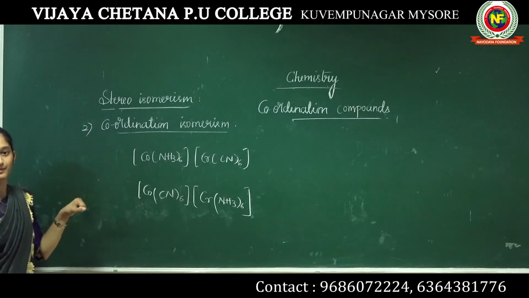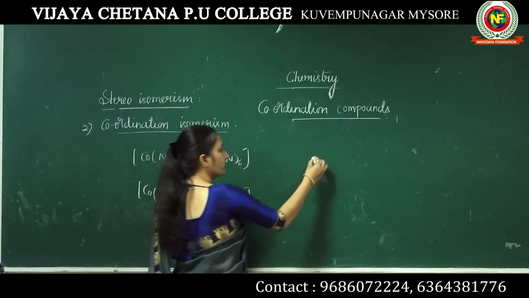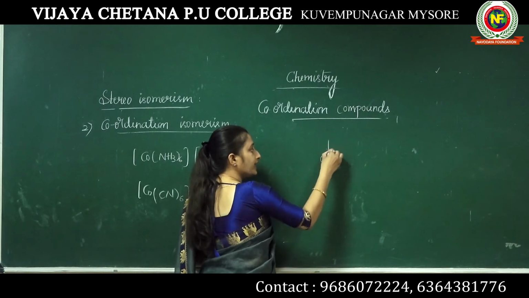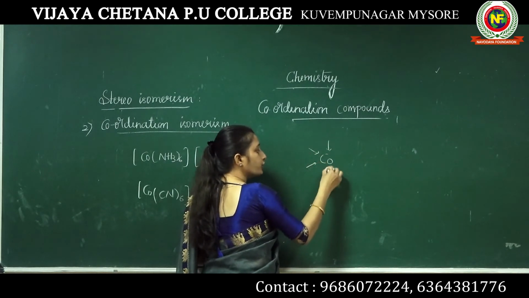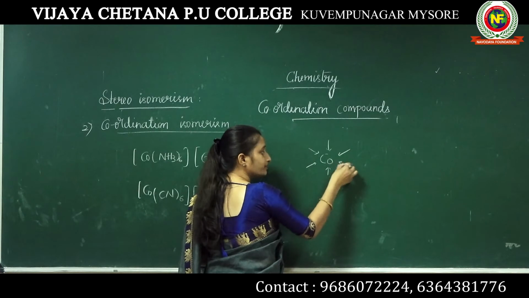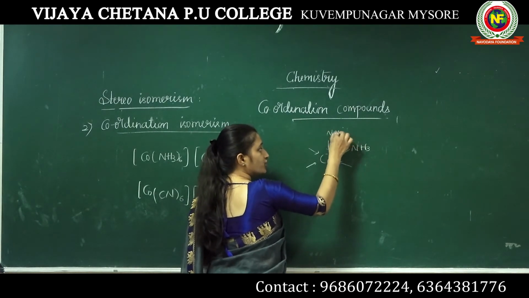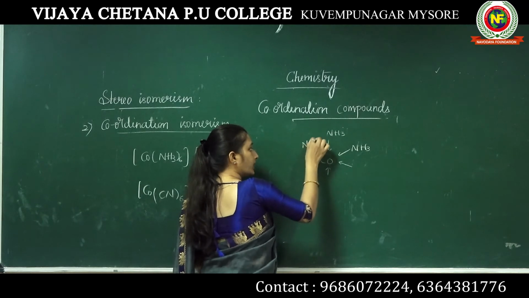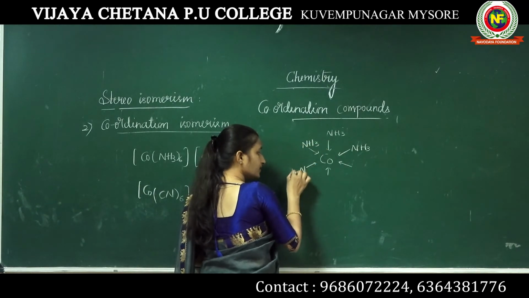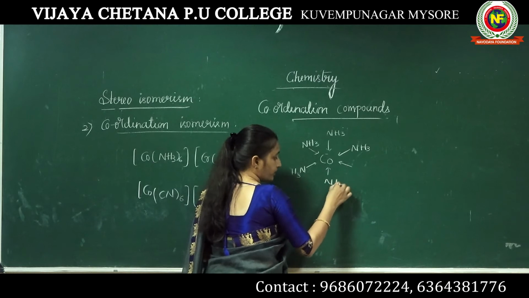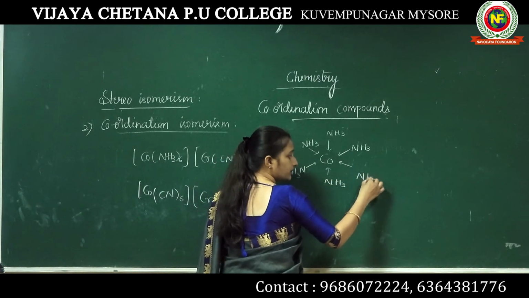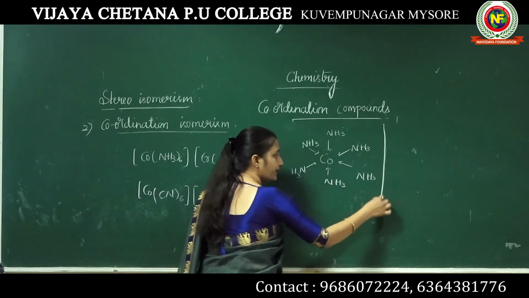Coordination isomerism. How does it look? Around Co, 6 ammonia groups are surrounded. This is one complex.